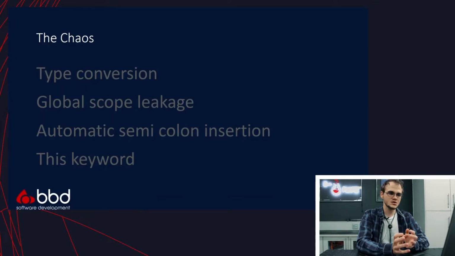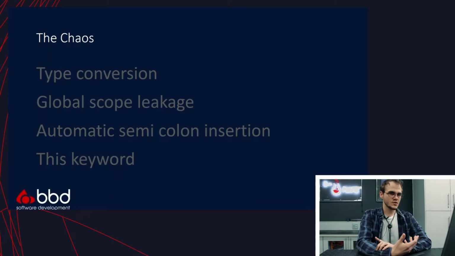However, there are some situations where that doesn't happen, or where it inserts a semicolon in the wrong place. And these can result in some bugs. The last thing we looked at was the this keyword. And we took a look at how it can be very different under certain contexts, as when it's called or based on the function definition can have a big impact on what the actual object is.